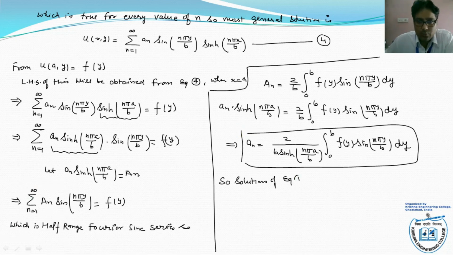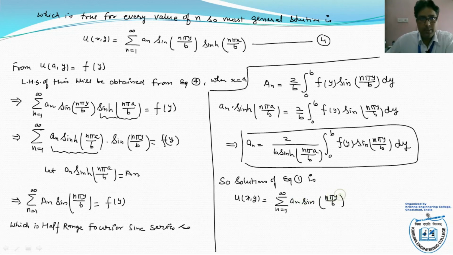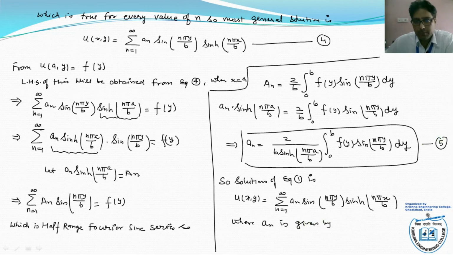Clear? So the solution of equation first is u(x, y) is equal to summation n is equal to 1 to infinity an sine n pi y by b sine hyperbolic n pi x by b, where an is given by equation number 5.